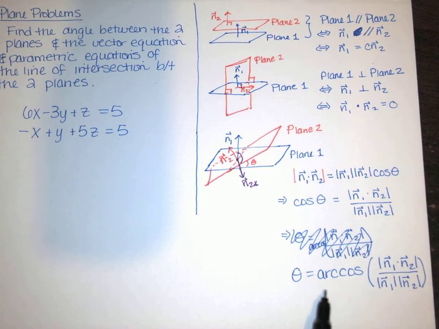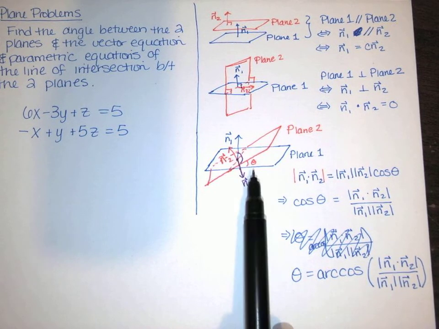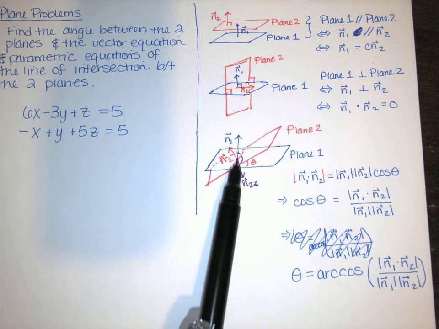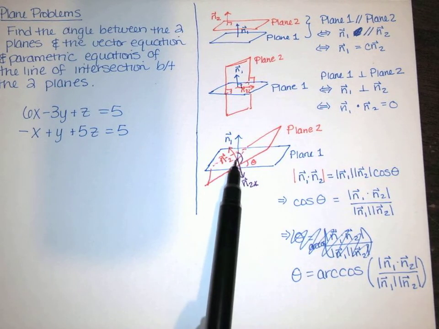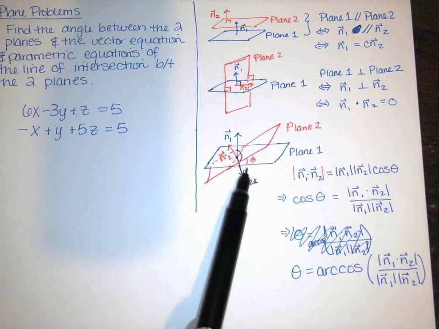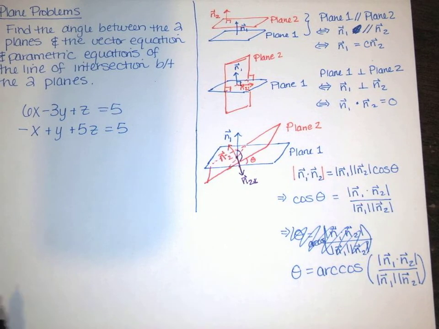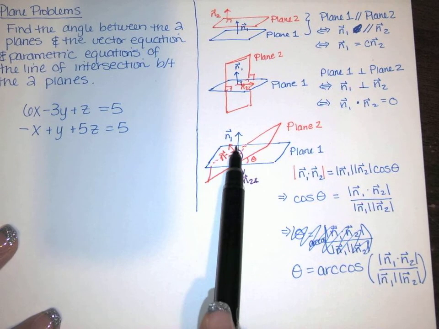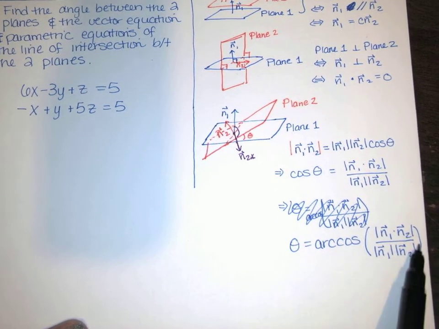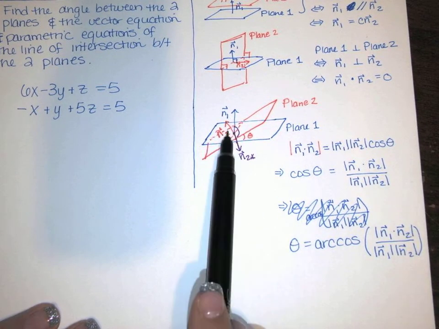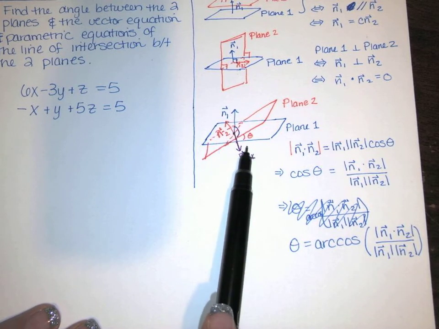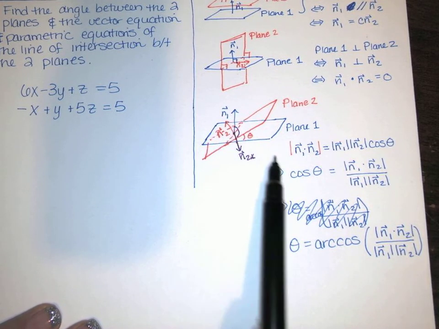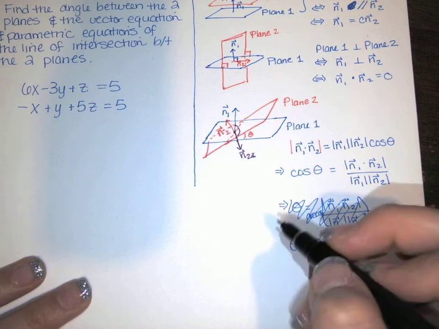Because theta is the angle between the two planes, it is the angle between n1 and n2 when they're headed in the same direction. If they happen to be headed in opposite directions, just multiply this one by -1, and then you're going to get this other vector over here. And then the angle between them will be acute, and the angle between the two vectors will be equal to the smaller angle between the two planes, and that will be given by this formula.